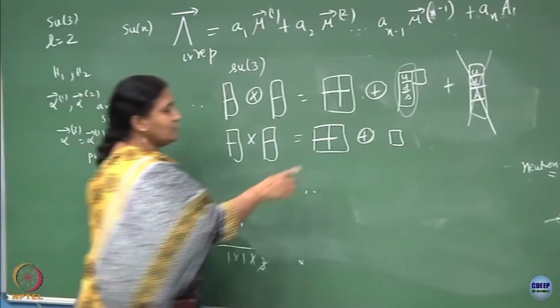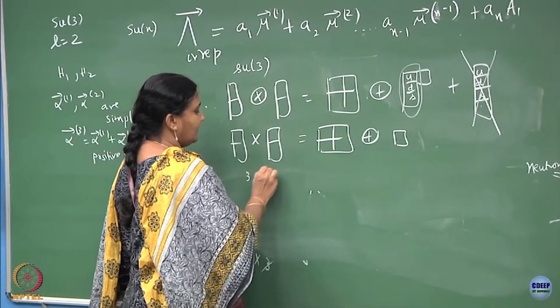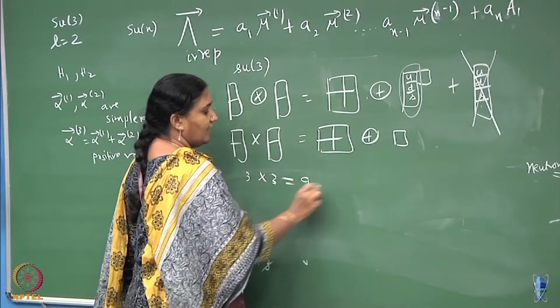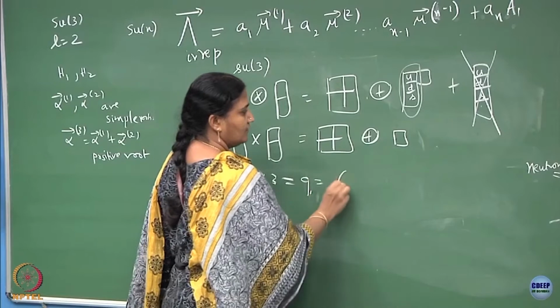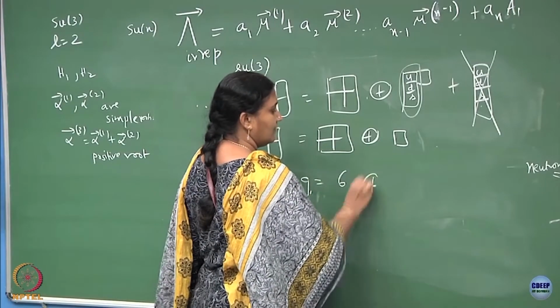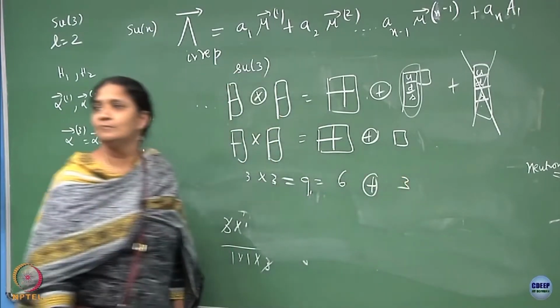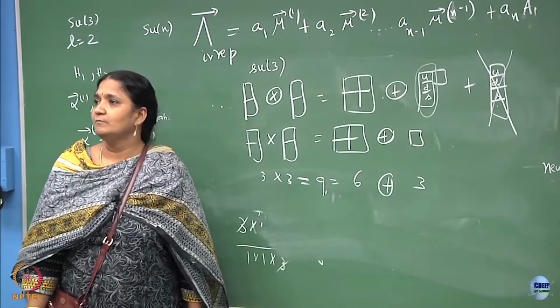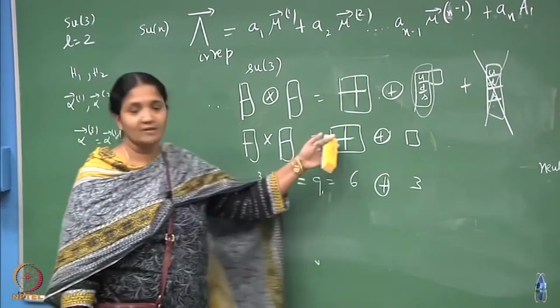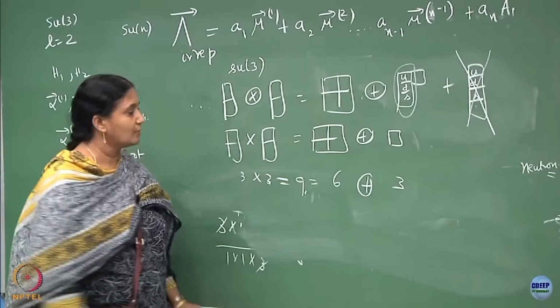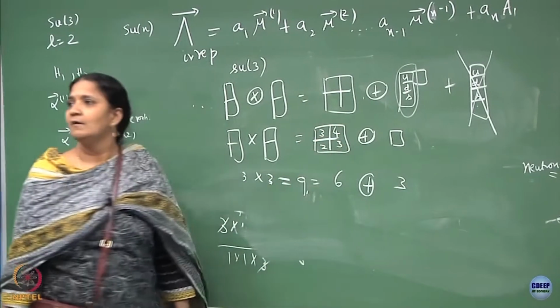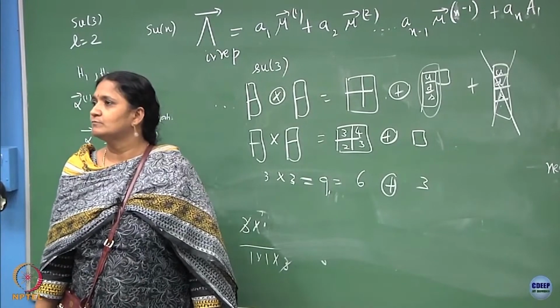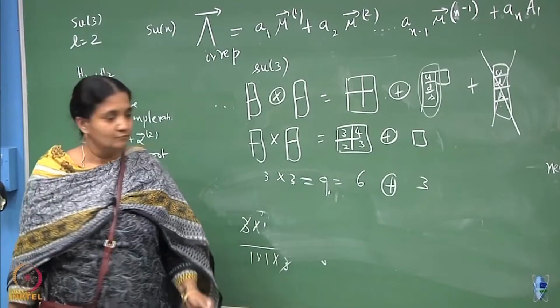What is the dimension of this? This is 3 and 3, which is 9. What about this? This is probably 6 and this is 3. Okay. You can work it out and see what the dimension is.